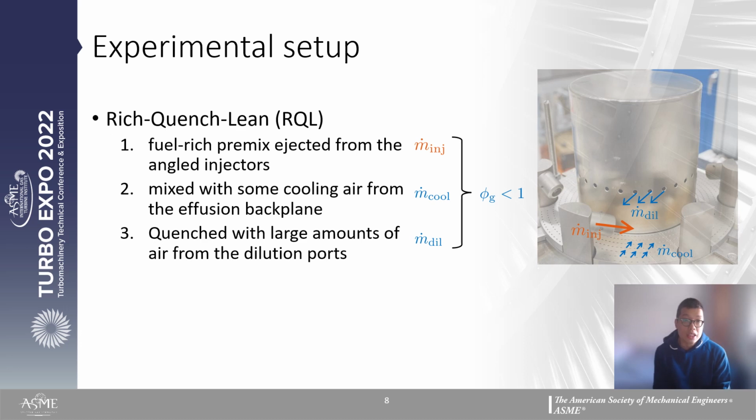So it is eventually operating at a global equivalence ratio phi G of less than 1. In our current study, the air mass flow split between the injectors, effusion backplane, and the dilution ports is kept constant.